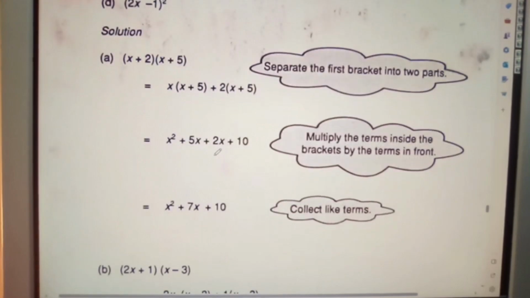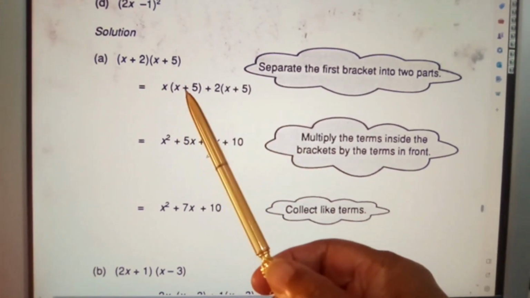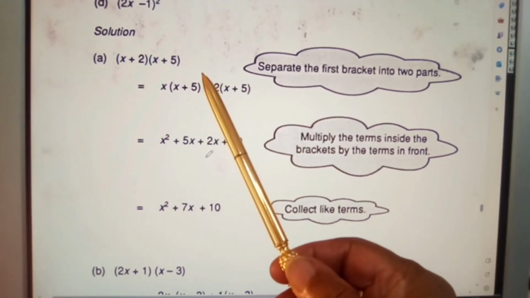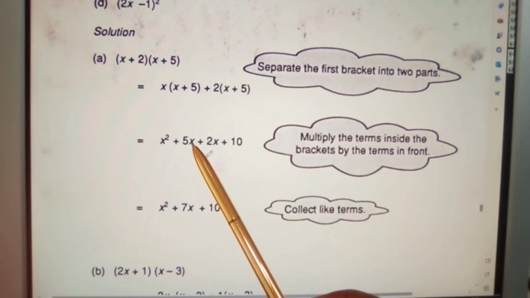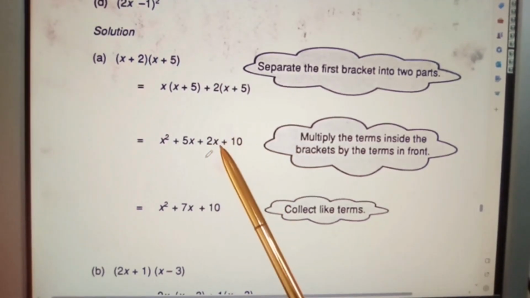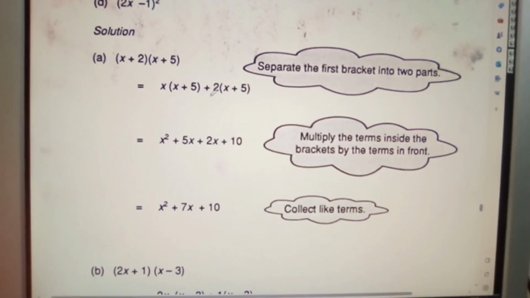Now, if you then take x times x, that is x squared, which becomes here, plus 5x plus 2x plus 2 times 5 is 10. And that's where we get that here.